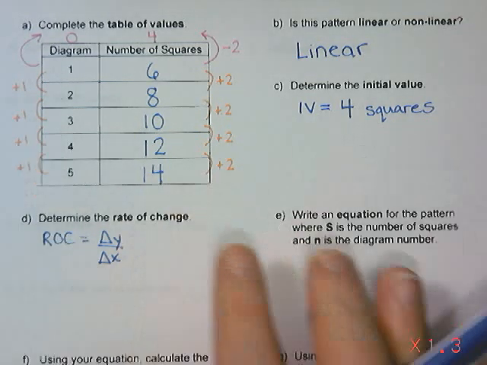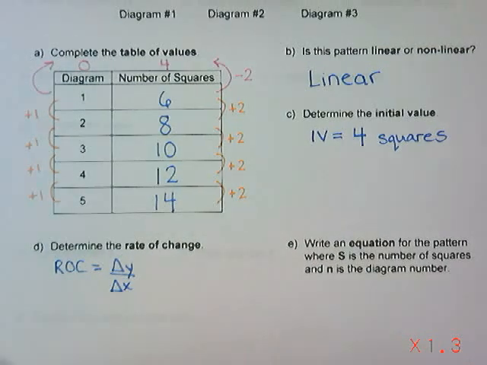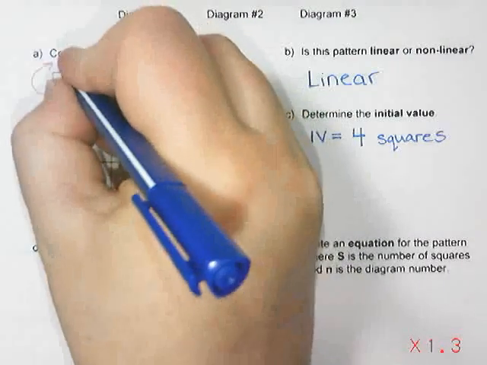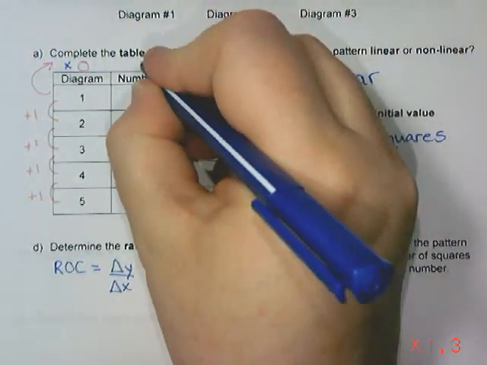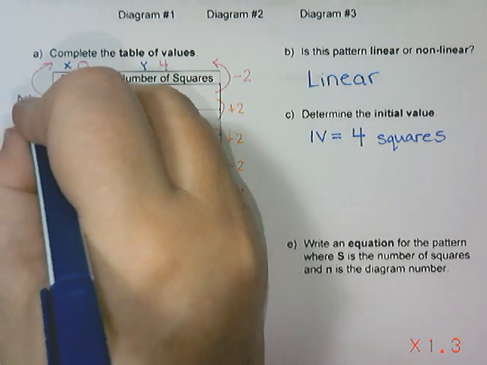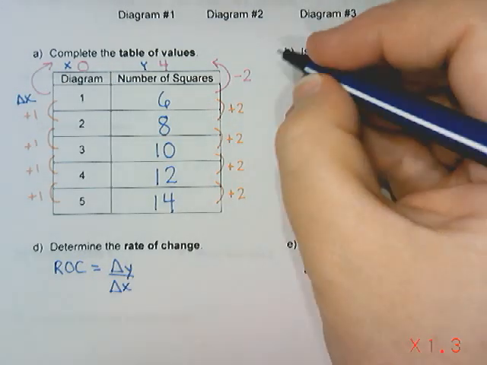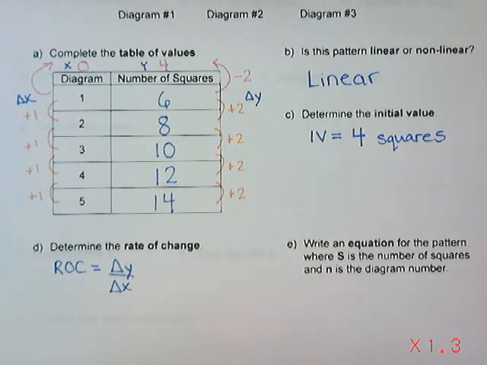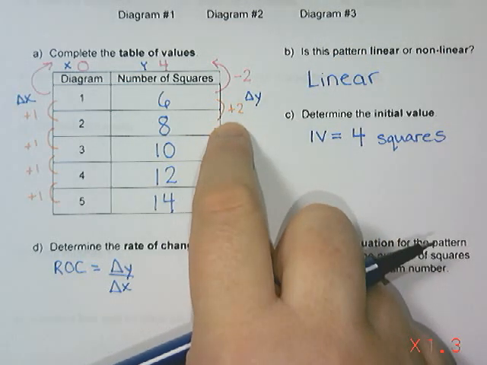Delta y and delta x come from the differences on my table. So the first column should be x, and the second column should be y. The changes or the differences on the x side, that's delta x, and the changes or the differences on my y side is my delta y. So delta y, we were going up 2.